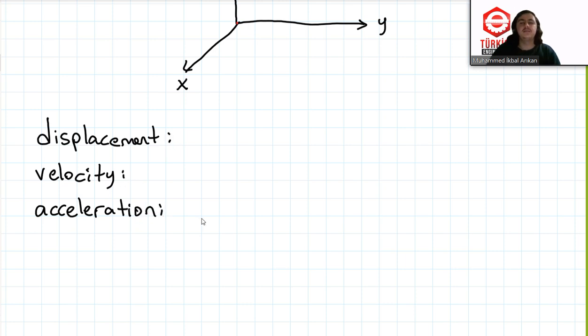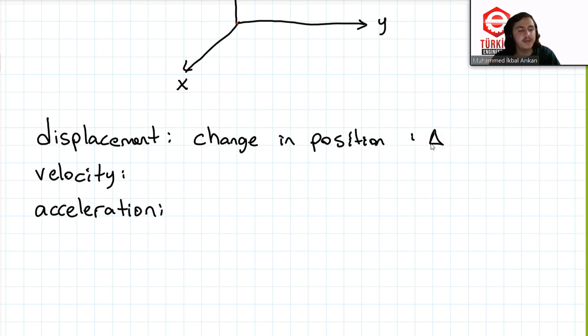If you understand these three main parts of kinematics, you will be able to understand one-dimensional motion, two-dimensional motion, and three-dimensional motion. So what's displacement? It is the change in position. It will be represented by delta D. If your position is changing, so you are moving, you can talk about displacement.